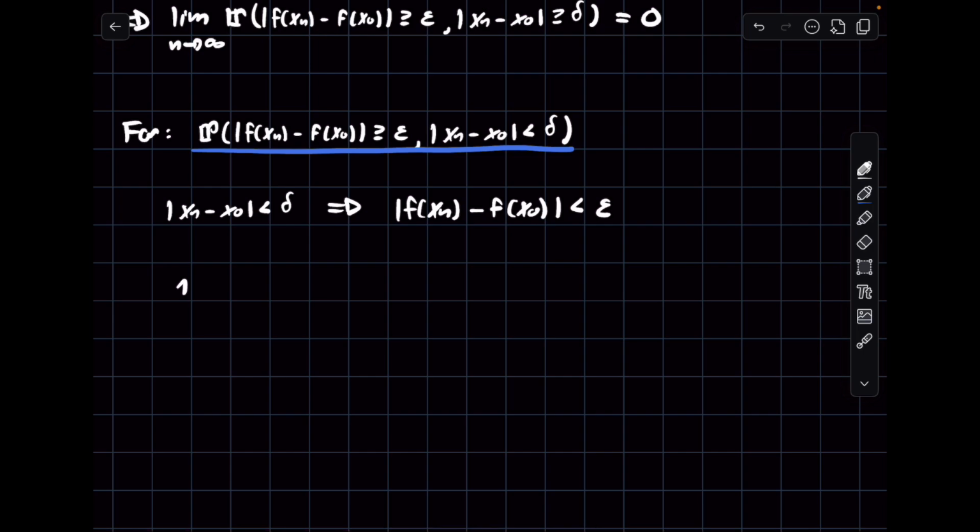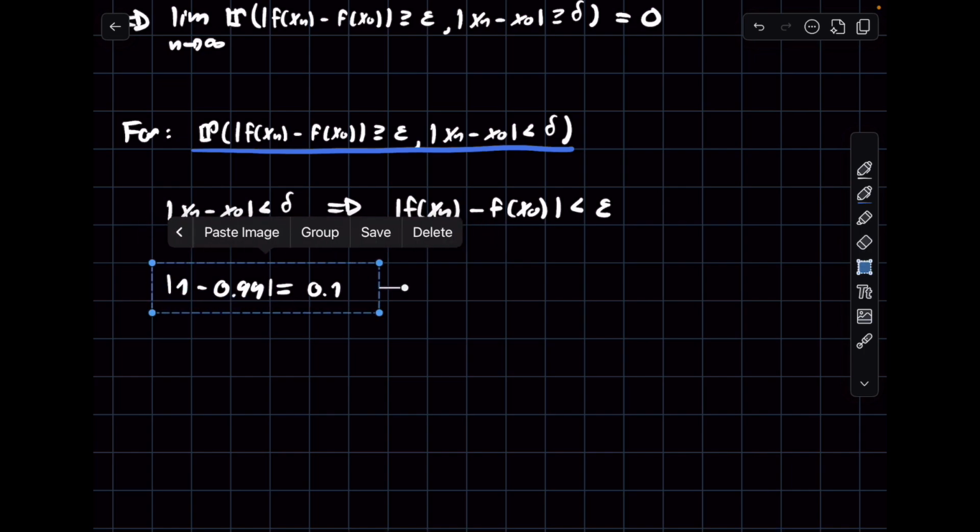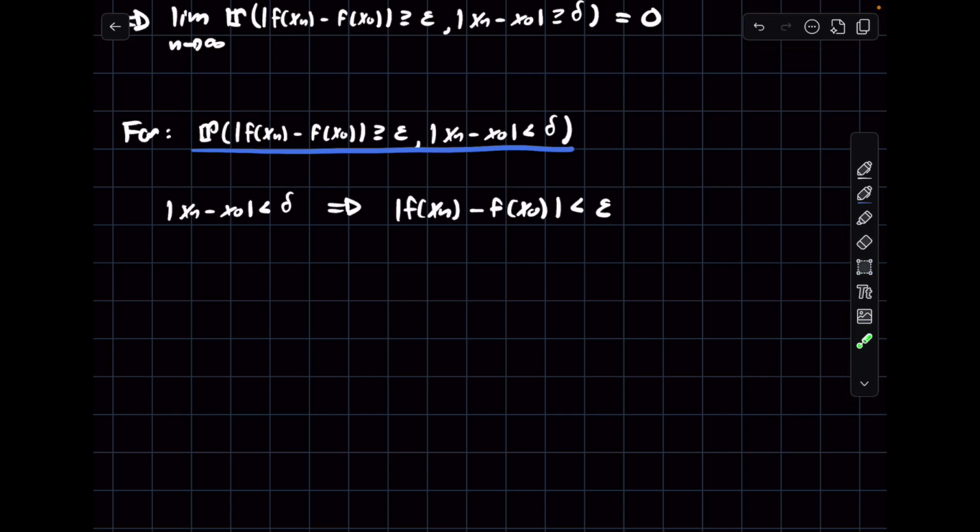Imagine we have 1 minus, I don't know, something really small, 0.99. This is going to give you 0.01. So this is what we have. Again, imagine we're taking for this case, just so you can understand what I mean, that x of n is equal to 1, x of 0 is equal to 0.99, and delta equals, I don't know, 0.15.